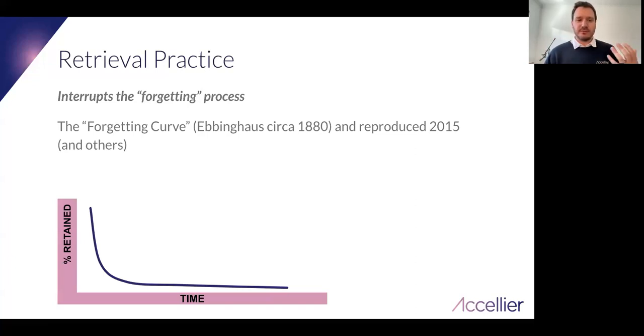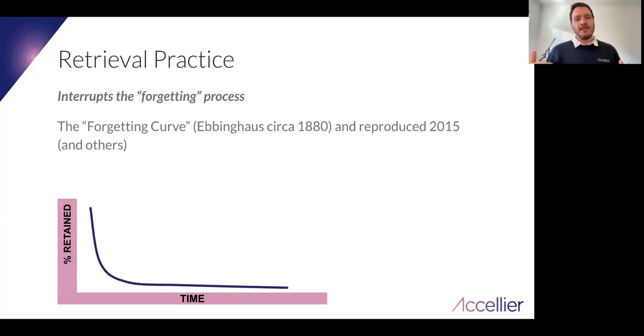Let's say you participate in a webinar or a training session, or you do a module in an online course, and you learn something. You go, wow, this is great. You're pumped, you're really excited about that thing. But it's amazing how quickly the forgetting kicks in. You can see how steep that curve is at the beginning, and over time you just forget more and more.